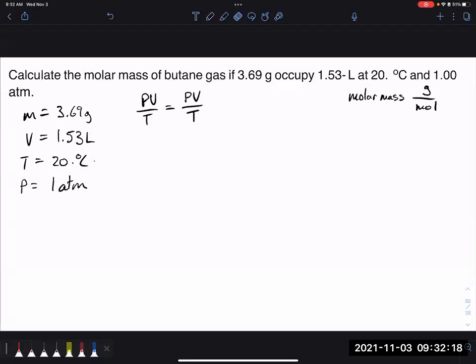But we can also use PV equals nRT, because we have pressure, we have volume, and we have temperature, and R is a constant. And we're using atmosphere, so we can use R.